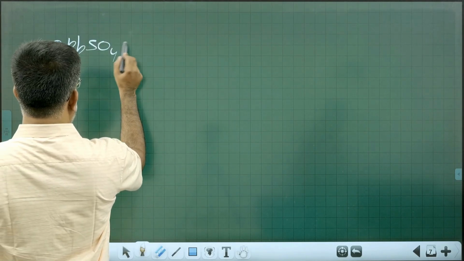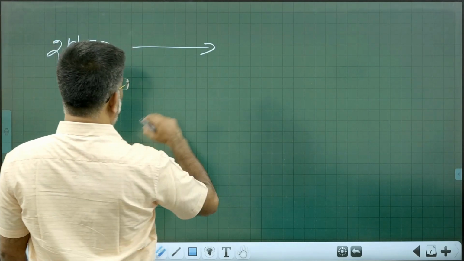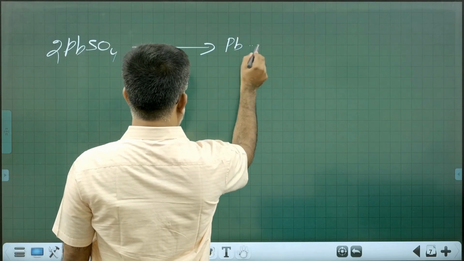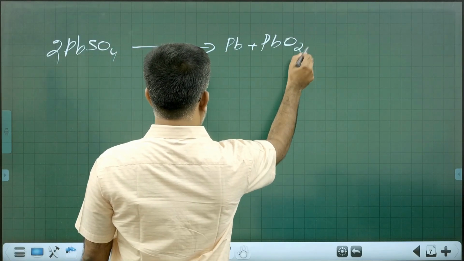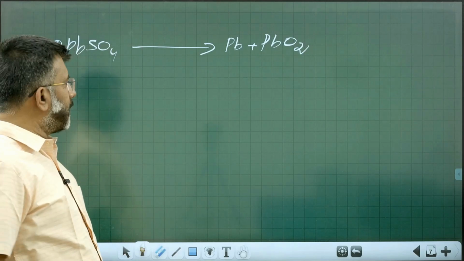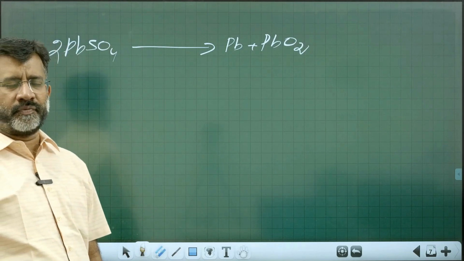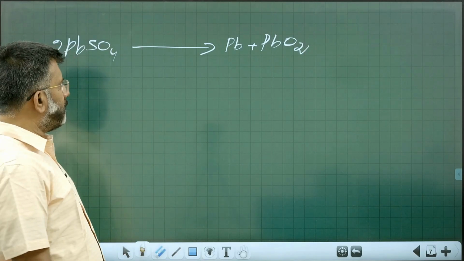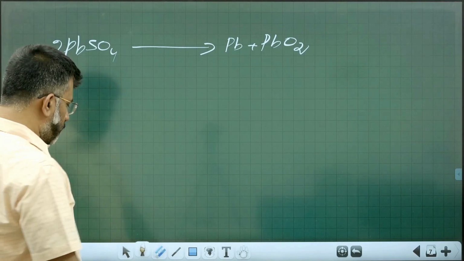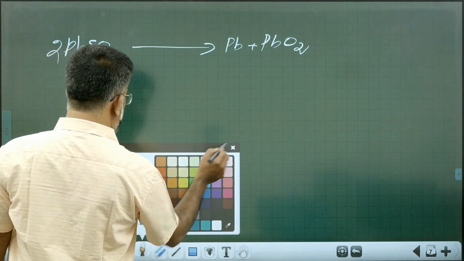2PbSO4 converted to Pb and PbO2. This is something special which you can understand.